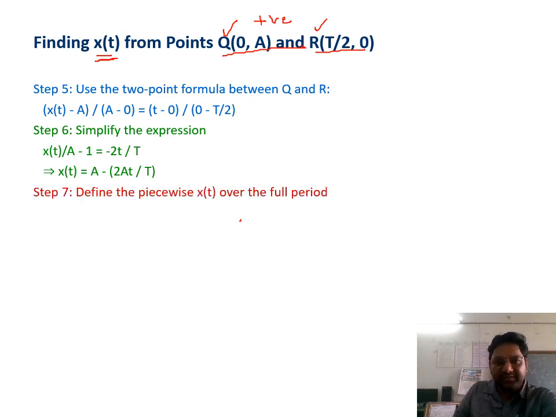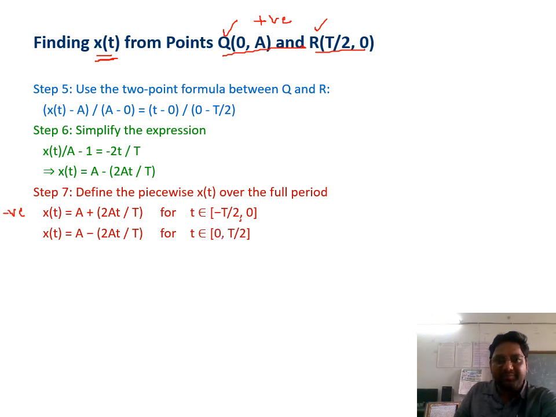So we can write for one complete period: x of t for the negative side of the signal is A plus 2A t by T, and for the positive side it is A minus 2A t by T. These are the limits which I am assigning.